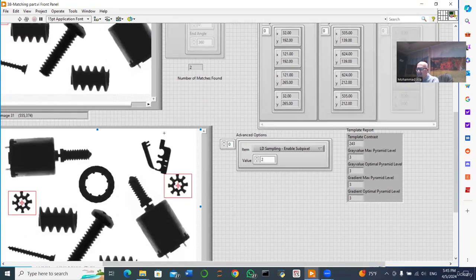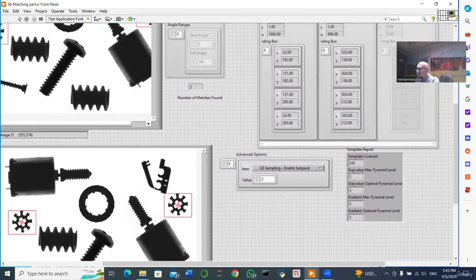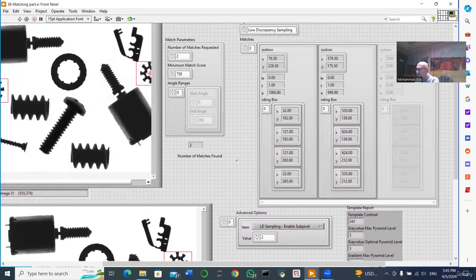As you see here, this is an image where we have different parts. We select one part to be a template, and the program works out and finds that we have only 2 parts matching the template, the original template and one more. Also, it gives you this information in a written form.